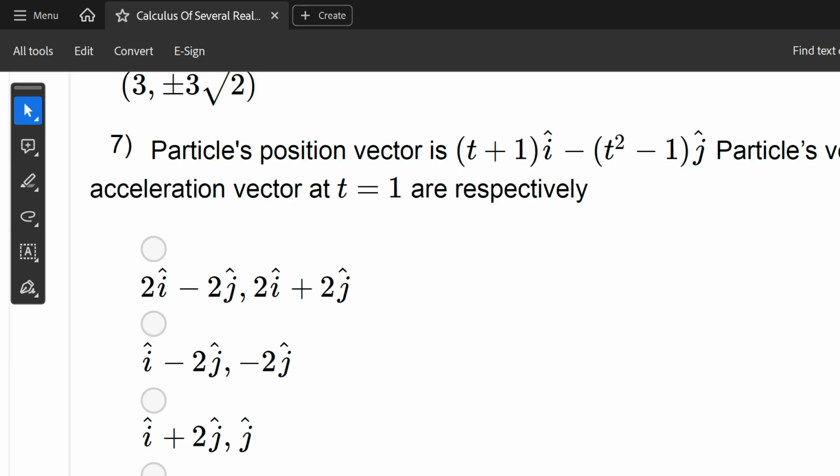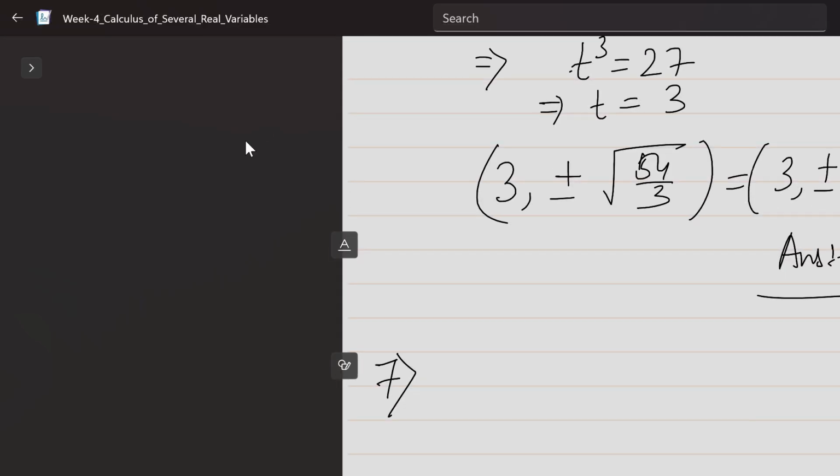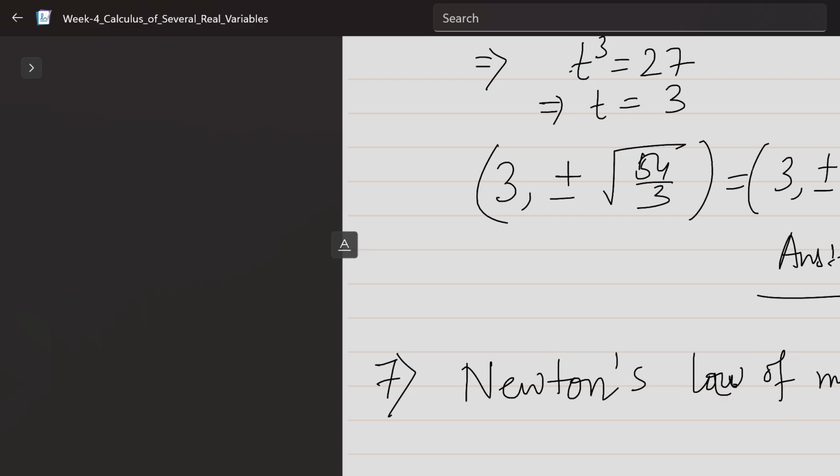The position vector gives us the distance. Velocity is the single derivative. Acceleration is the double derivative. It is a physics thing, no? It comes from Newton's first and second laws of motion. Do you know this thing?